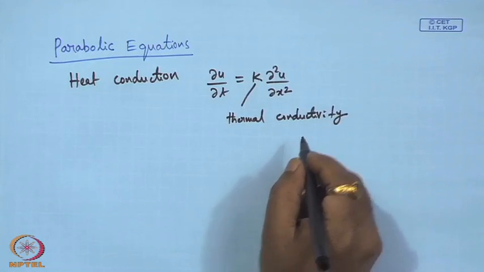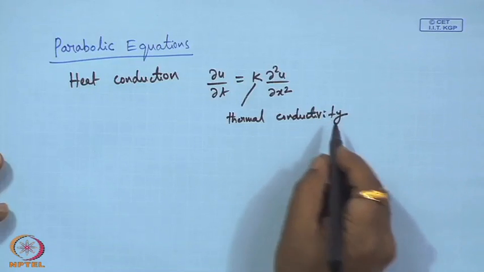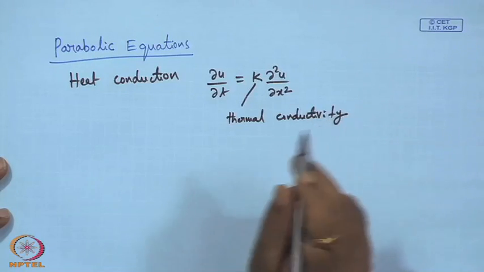Okay, k is thermal conductivity, which is supposed to be a constant.